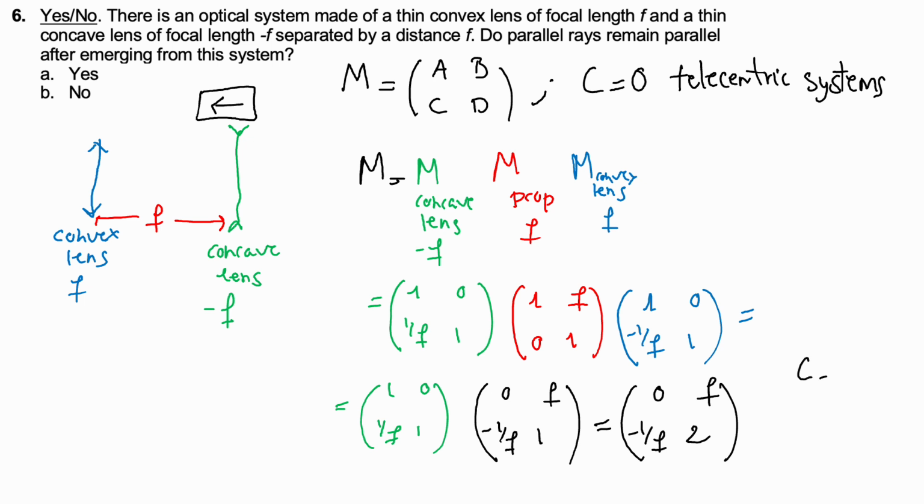And as you can see, C is minus 1 over f, so it's different than 0, so rays do not remain parallel.